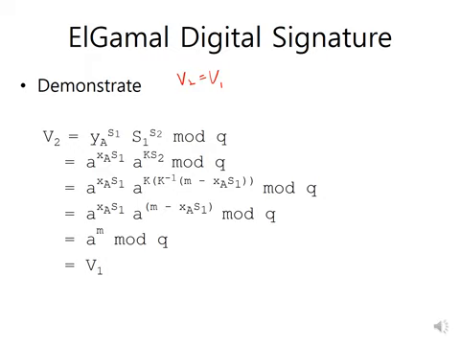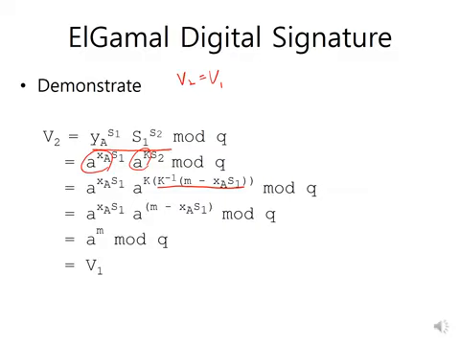V2 is YA to the S1 times S1 to the S2 mod Q. Then YA is A to the XA, and S1 is A to the K. So this is A to the XA times S1, times A to the K times S2 mod Q. Then we know S2 is K inverse times (M minus XA times S1).